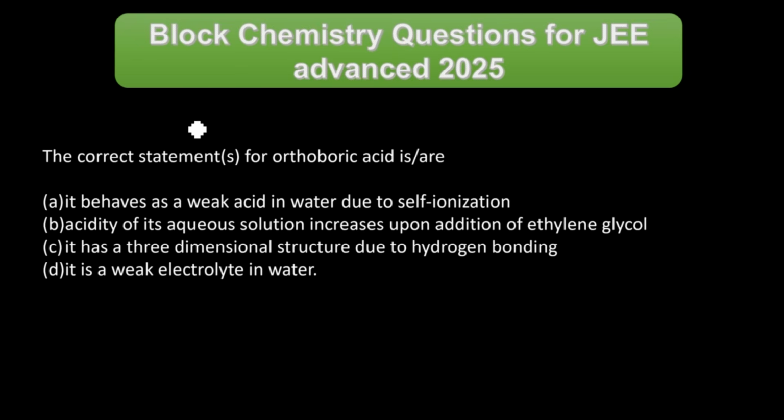The correct statement about orthoboric acid. What is orthoboric acid first of all? Orthoboric acid is H3BO3, isn't it? Okay, it behaves as a weak acid in water due to the self-ionization. Yes, it behaves as a weak acid. There is a Lewis acid also. It accepts a pair of electrons from OH minus ion. Fine.